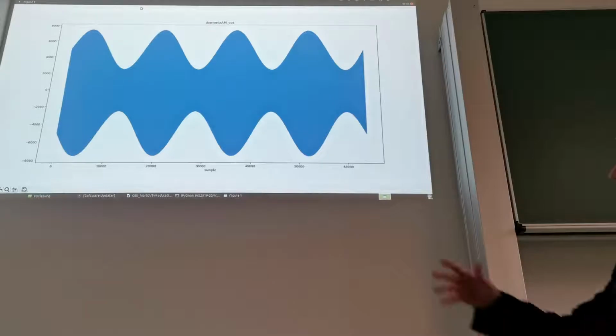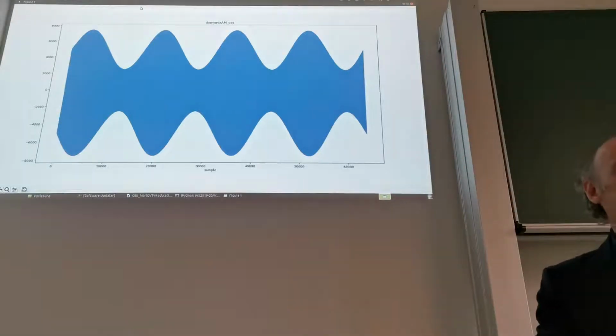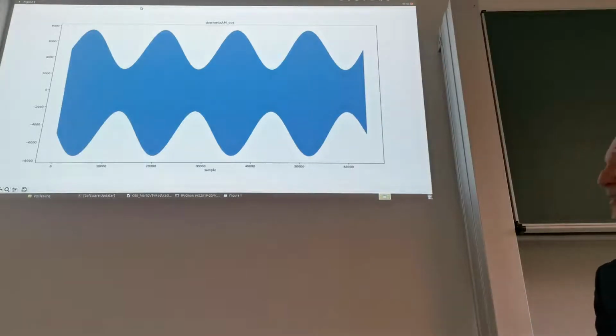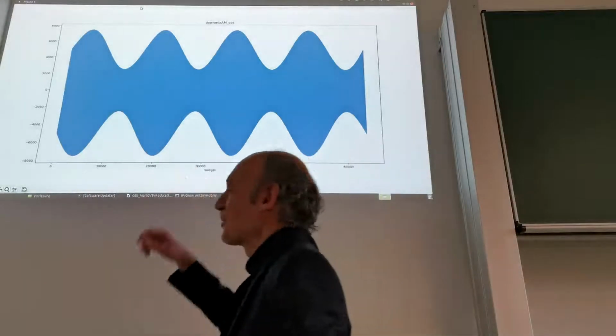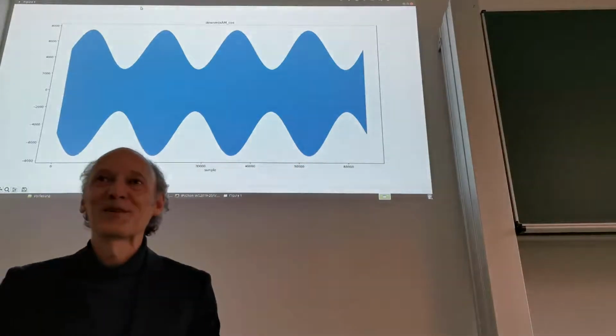So, what's the difference now between the sine and the cosine version? It has a negative. Yeah, exactly. It actually looks almost like the original amplitude modulation, right?